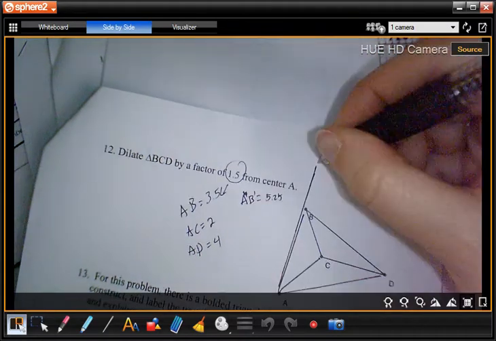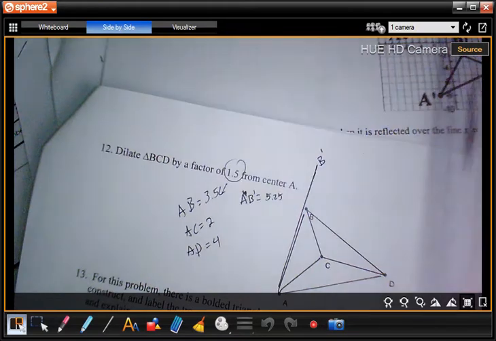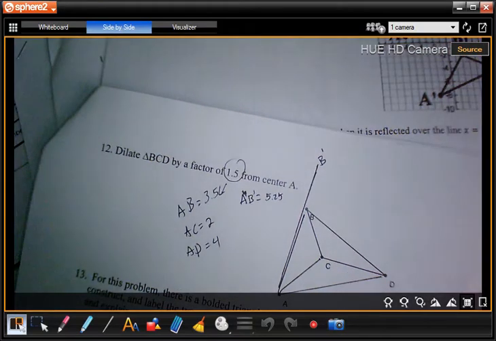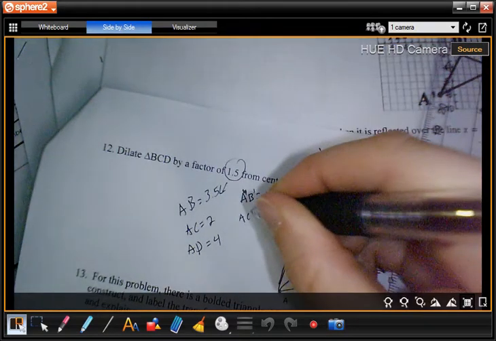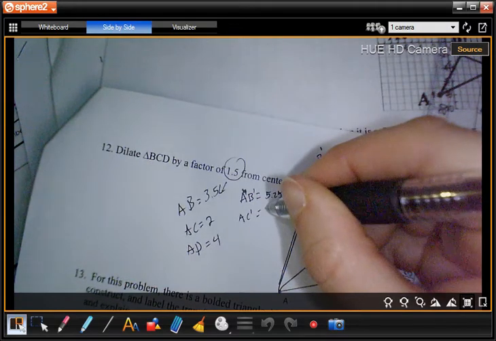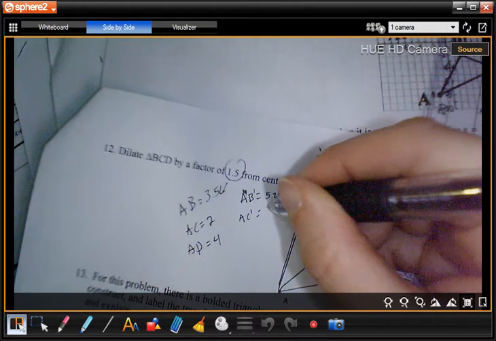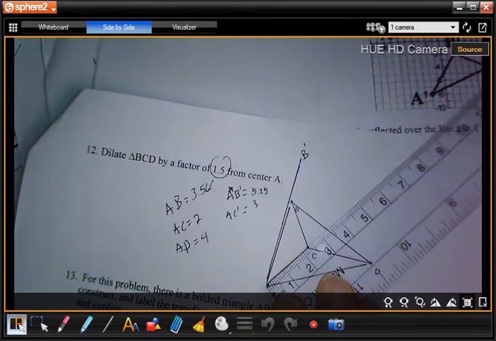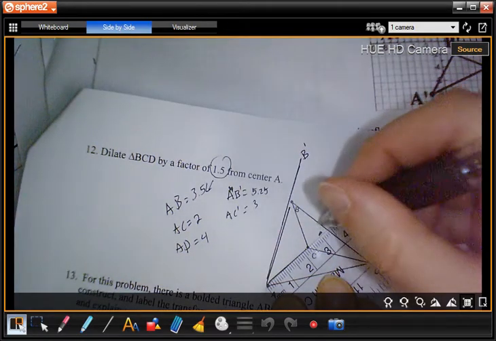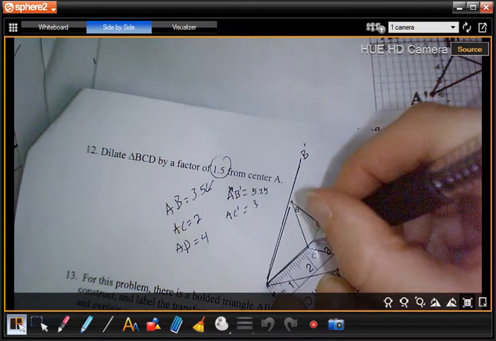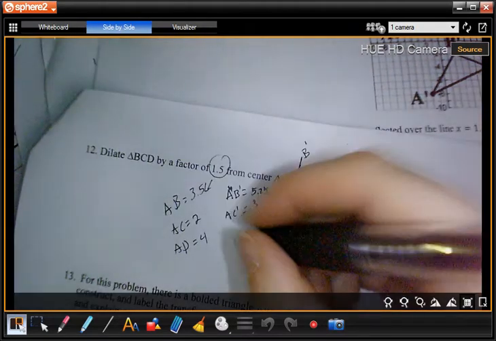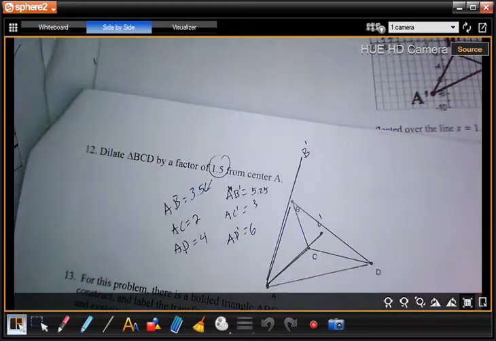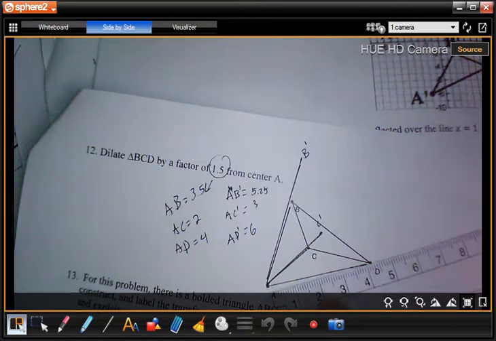That's my new B. C, 2 times 1.5. A to my new C is 3. So A to C, I'm measuring out 3. That's my new C. Okay? A to D image is 6. 4 times 1.5 is 6.